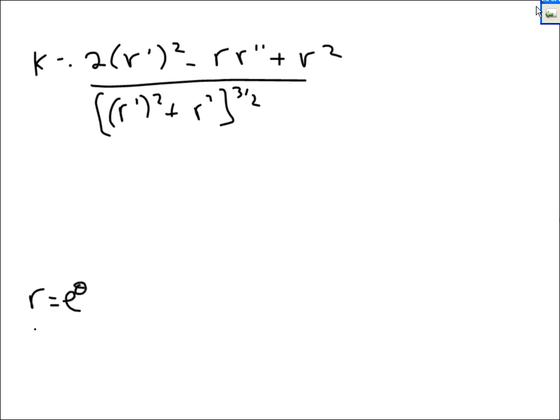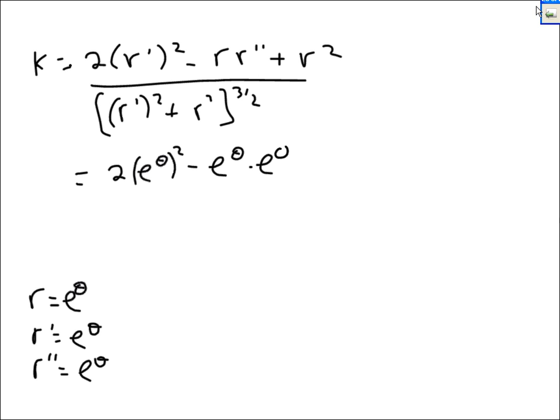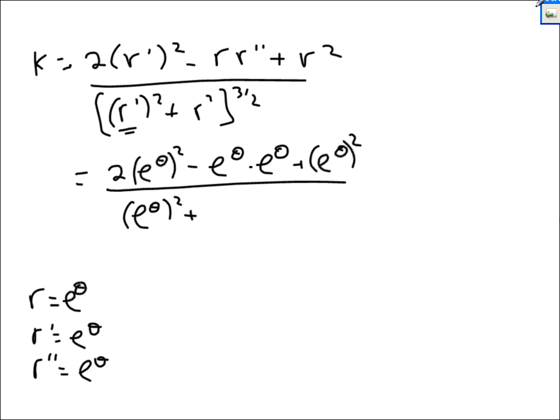This is an easy one because r prime will be the same and r double prime will be the same. So wherever I see r, r prime or r double prime, just e to the theta. So it's 2 times e to the theta squared minus e to the theta times e to the theta plus e to the theta squared, divided by e to the theta squared plus e to the theta squared to the 3/2 power.